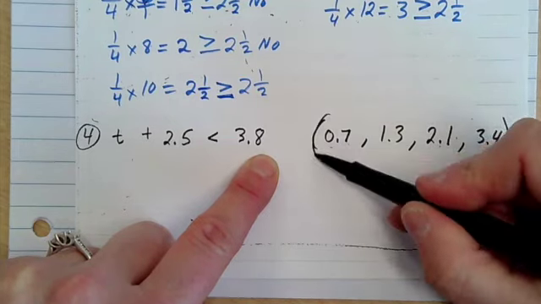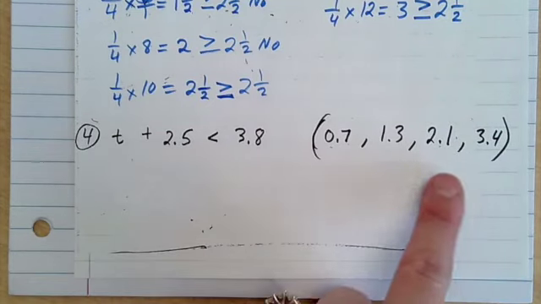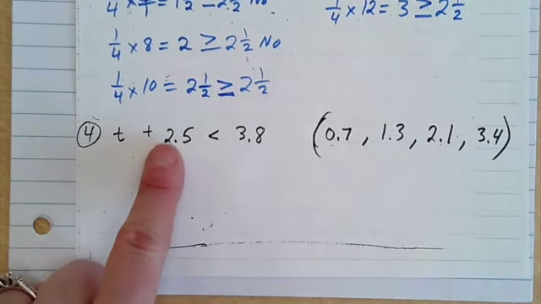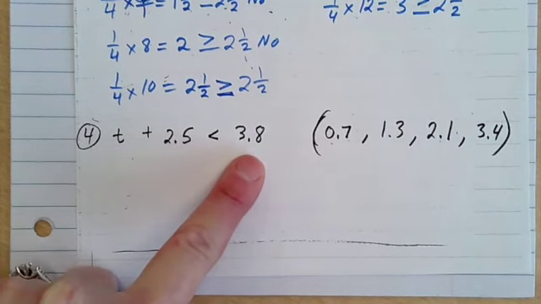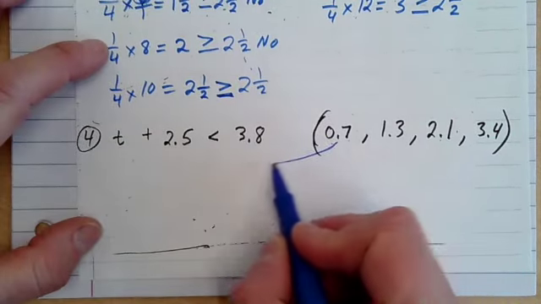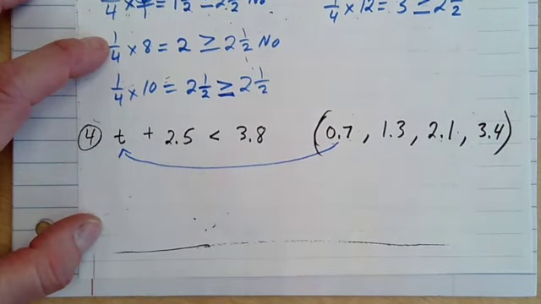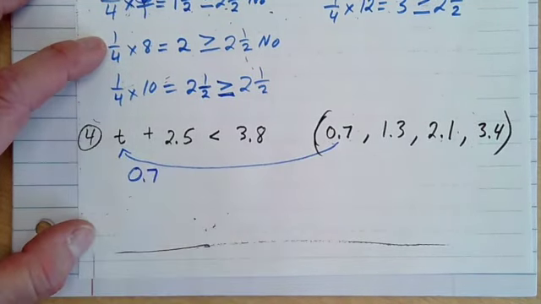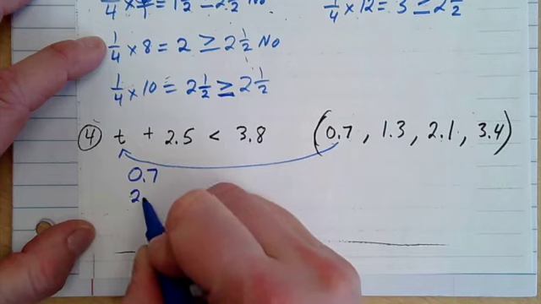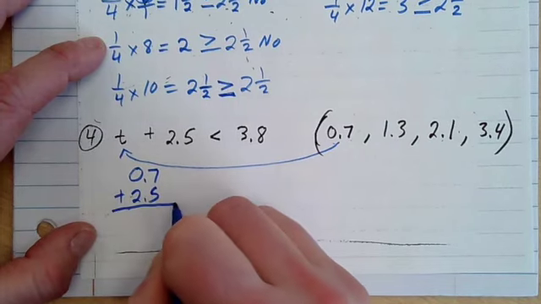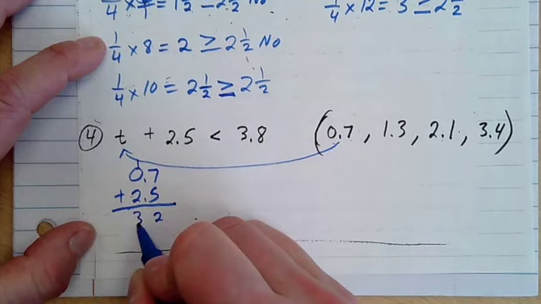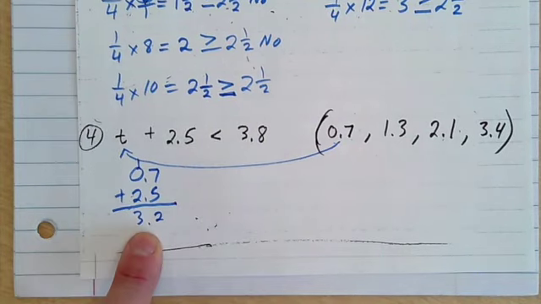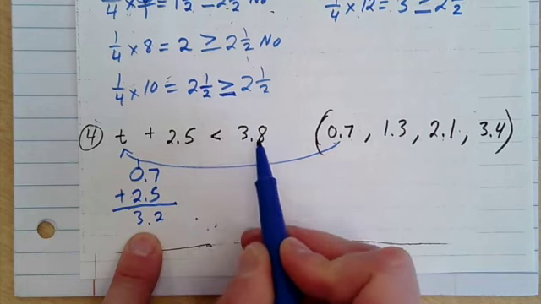So you need to try these numbers, plugging them in for t, and then adding them to 2.5 to see if you're going to get an answer less than 3.8. When I plug in 0.7 here, and I know with decimals you can use your calculator, but just simply going 0.7 plus 2.5, remember we line up our decimals, 7 and 5 is 12, carry the 1, I'm going to get 3.2. Is 3.2 less than 3.8?